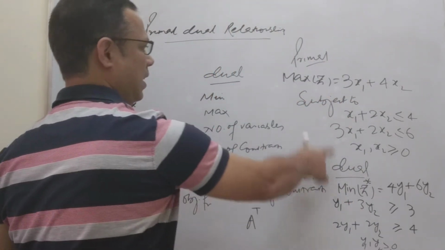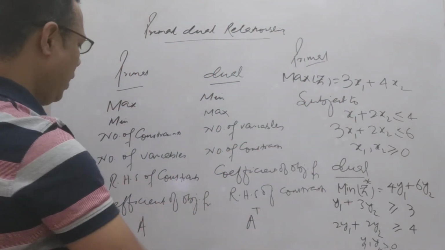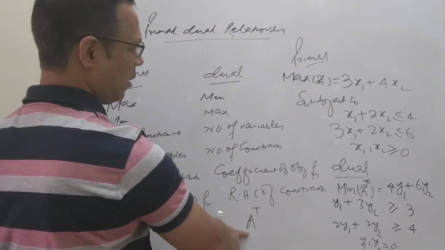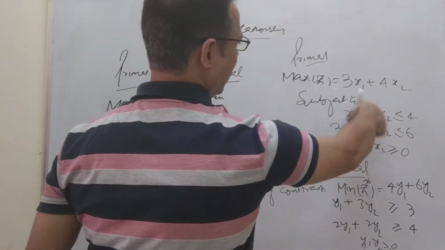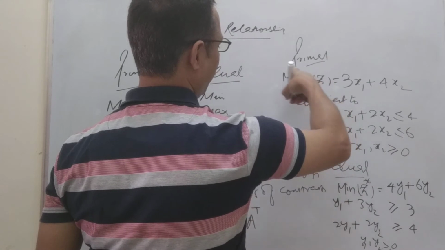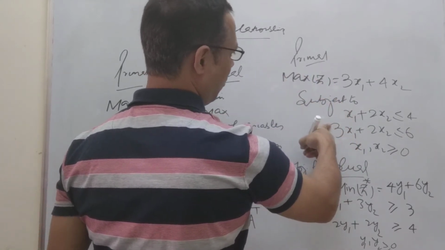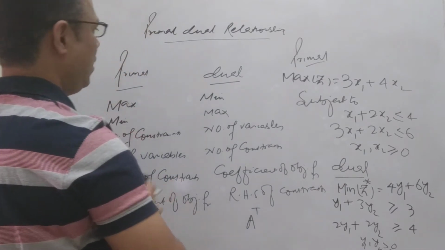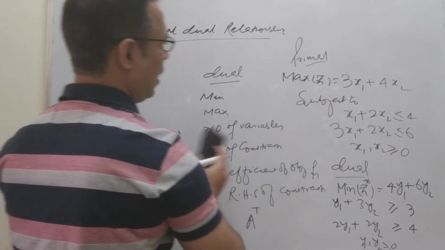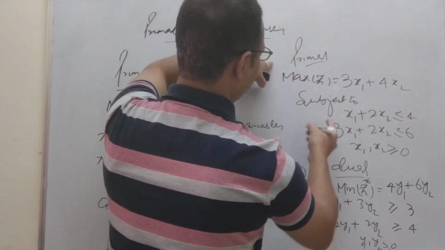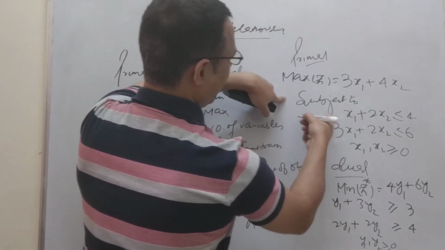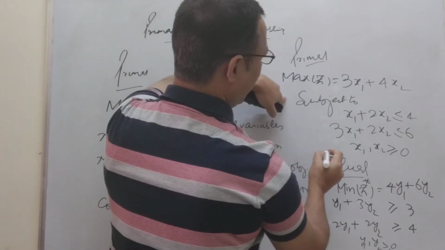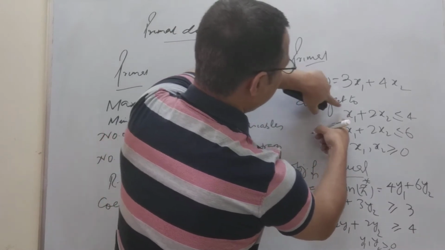So what does this relation show? A is going to change into the form of A transpose. Whatever matrix A is created through this primal LPP is going to be changed into the form of A transpose. Just to check, let me look at the matrix of this given LPP. What is the matrix here?